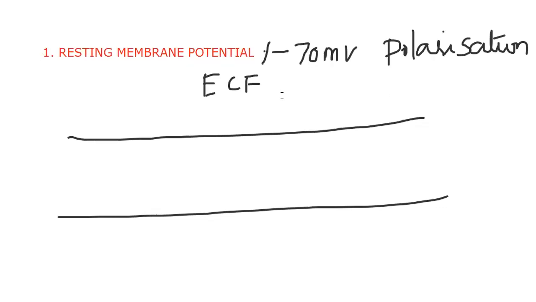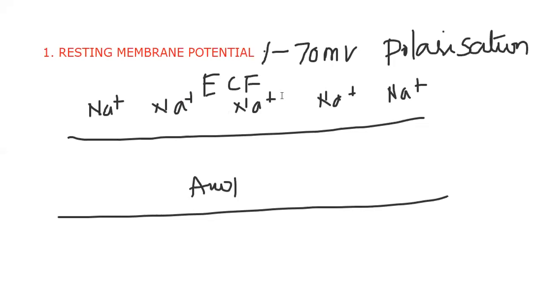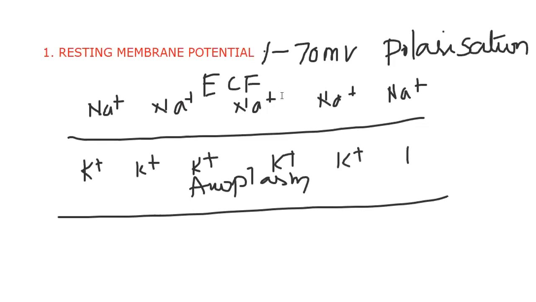And in the extracellular fluid, we said that sodium ions are greater in the ECF in comparison with the exoplasm. And potassium ions are greater in the exoplasm, 30 times greater than in the ECF.